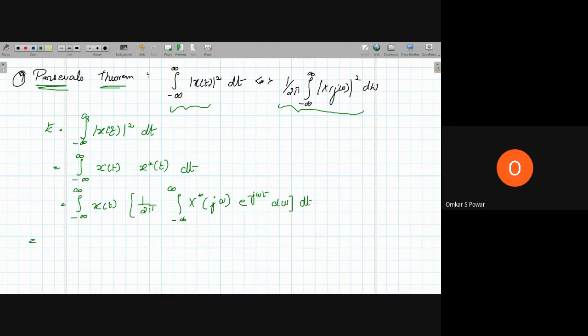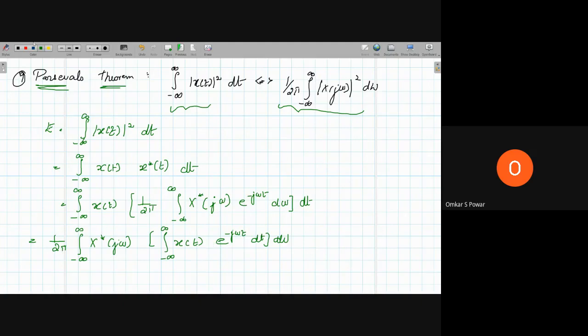I'll take 1 by 2 pi outside: 1 by 2 pi integral from minus infinity to infinity X conjugate of j omega. Let me bring this inside, integral from minus infinity to infinity x of t into e power minus j omega t dt into d omega. These two are same, I have just rearranged that.